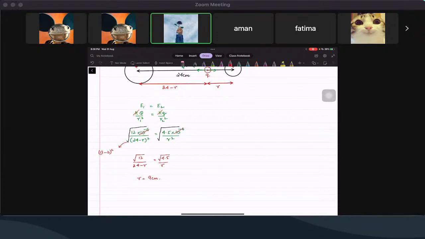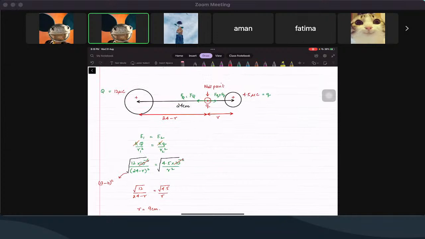So why did you equate E1 and E2? Because at the null point, you should remember that the net electric field strength here is 0. Also, the net force is 0 because they're vector quantities, so both charges are equally pulling like that.